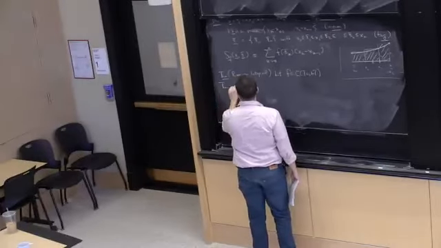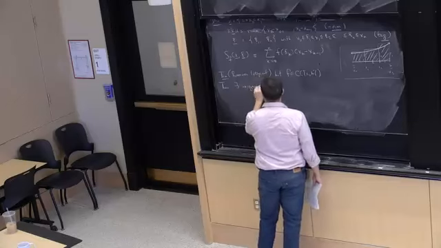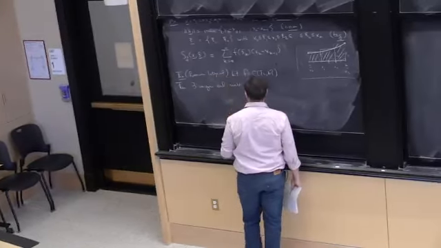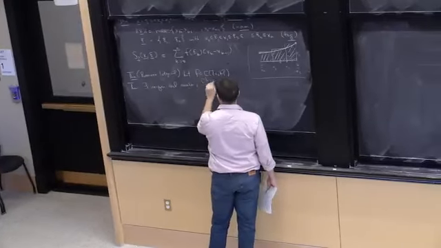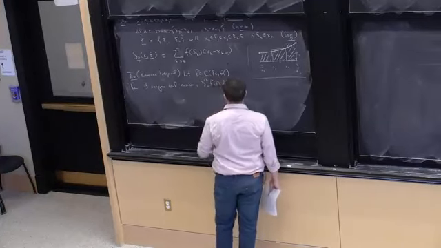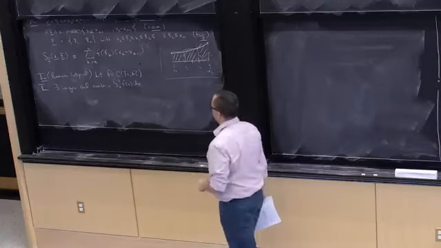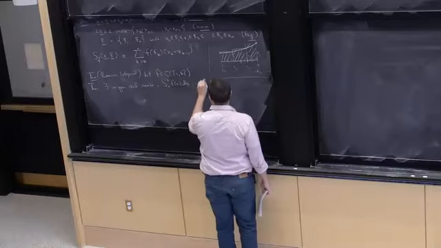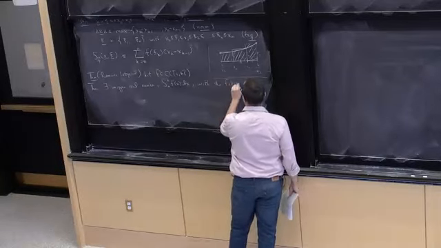Then there exists a unique real number, which we denote as the usual symbol integral from a to b of f(x) dx, with the following property.